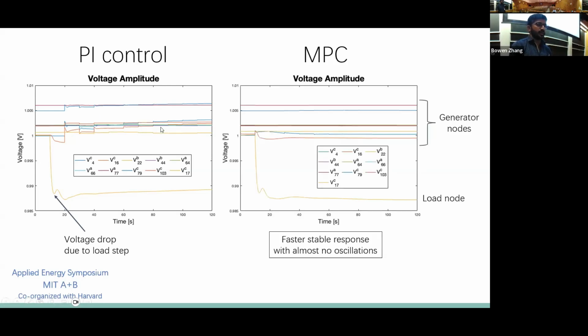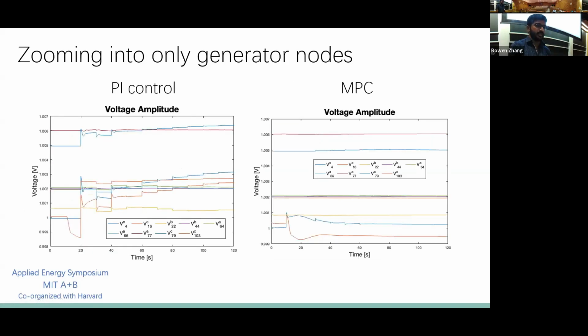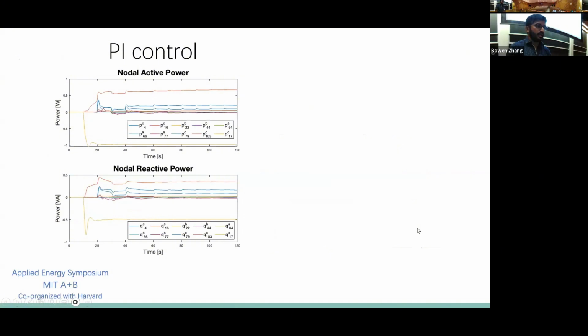Whereas with MPC, we have almost no oscillations, and it's a very fast, stable response, and we don't really need to do any tuning to ensure stability. This is just zooming in to consider only the generator nodes to show more clearly the oscillations with the PI control and the very smooth response that we get for most of the nodes with MPC.